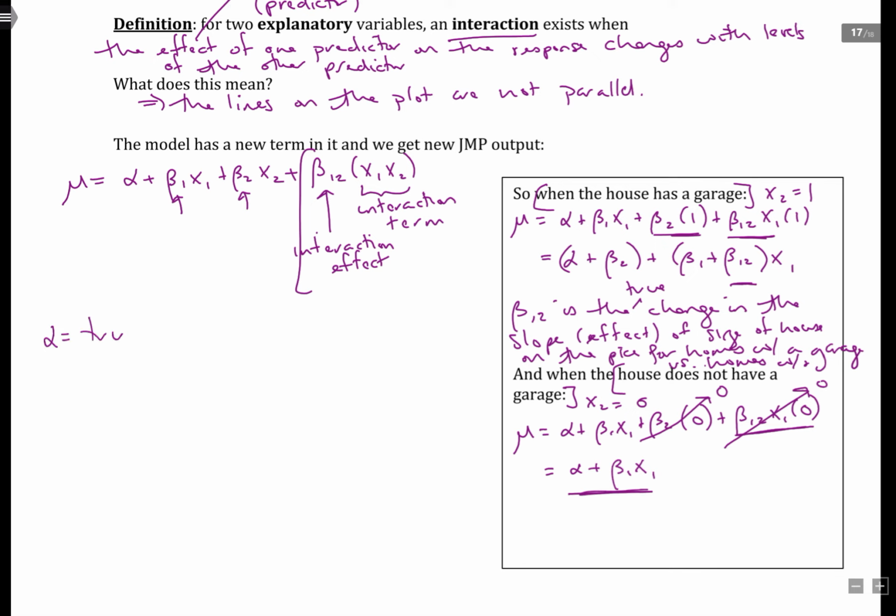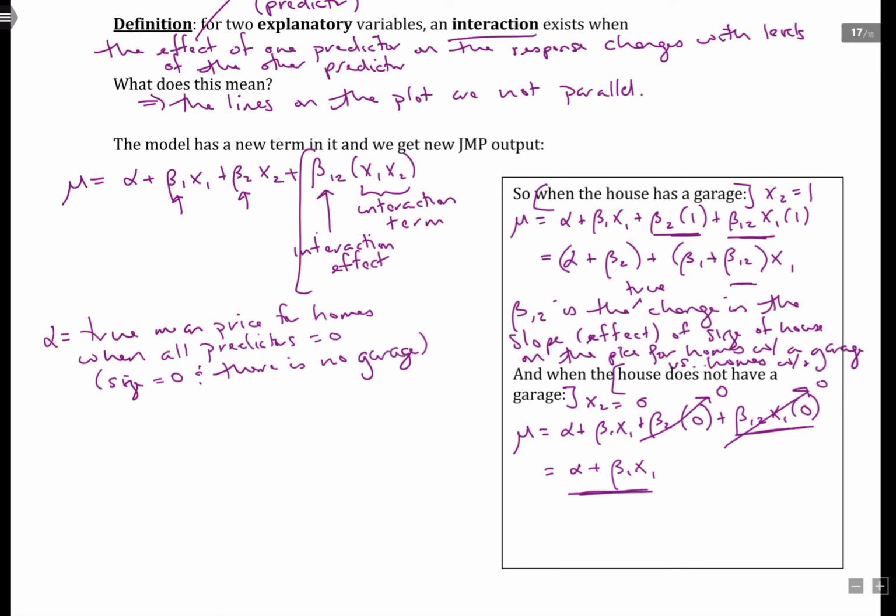Alpha is the true mean price for homes when all predictors equal 0. So that would be size equals 0 and there is no garage.